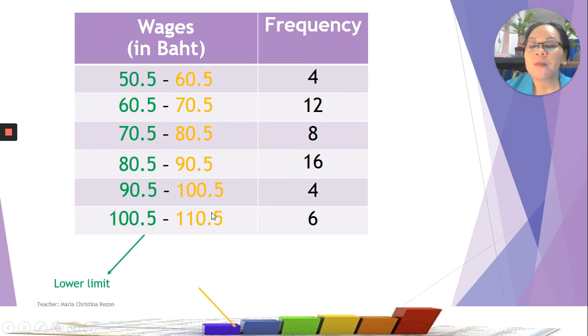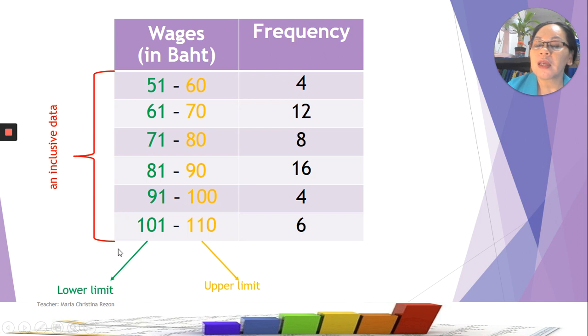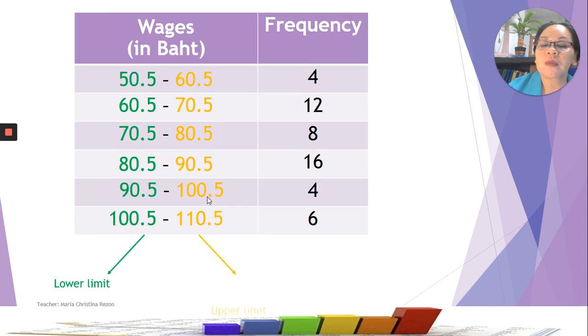That 0.5 will be subtracted from your lower limit, and then it will be added to your upper limit. So it looks like this then.